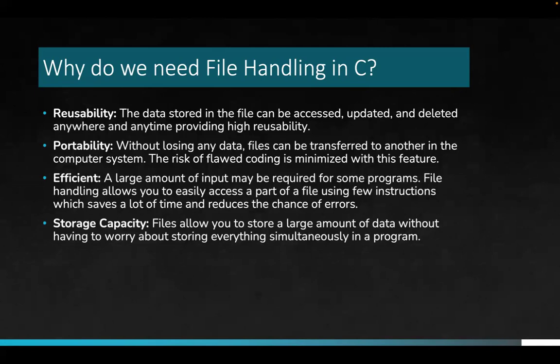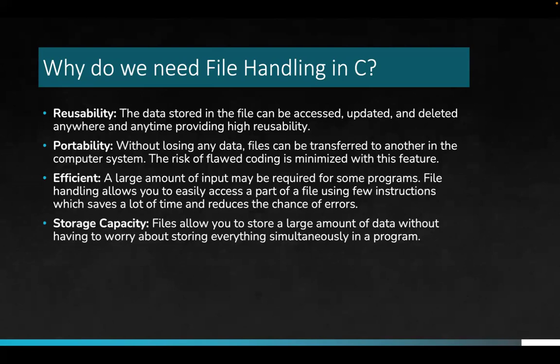But in C programming, it won't be like that. Whatever is in the data will be replicated as it is, from the original file to the converted file. That is the second one, portability. So you can port a number of files in any format.